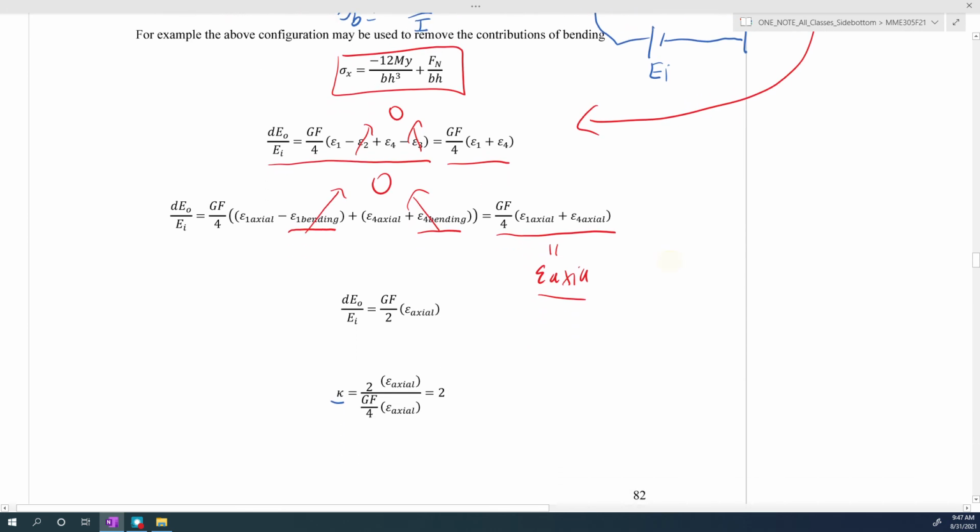Now, if we wanted to determine what kappa would be, we would divide our equation for our output voltage for multiple gauges by the equation we developed for a Wheatstone bridge with a single gauge.